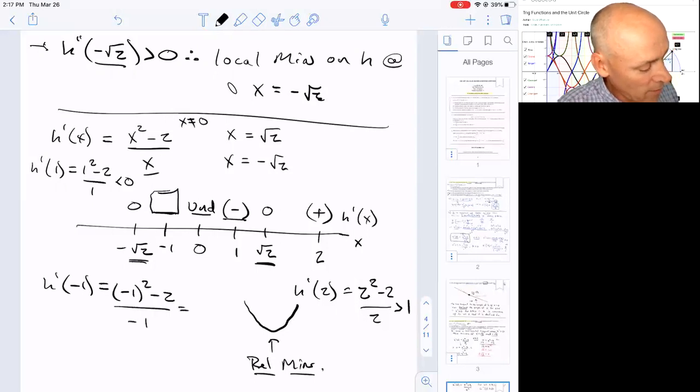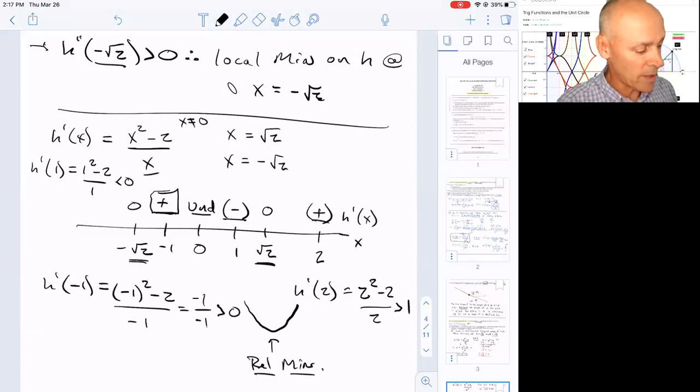That gives me 1 minus 2, which is negative 1, over negative 1, which is 1, a positive value. That could have been a little dicey; I could have made that incorrect assumption, but in the interval from 0 to negative root 2, the value of my derivative is positive.